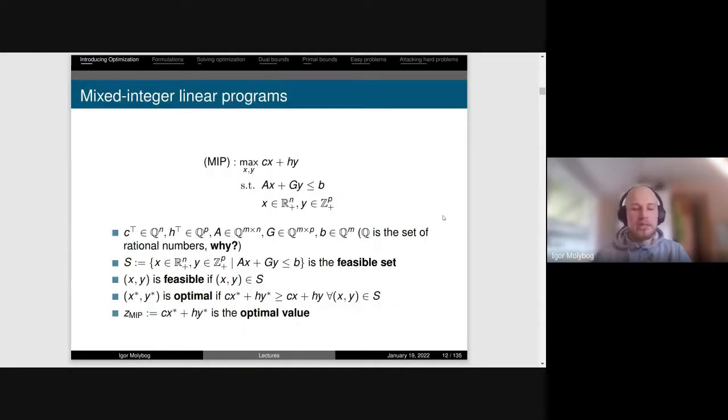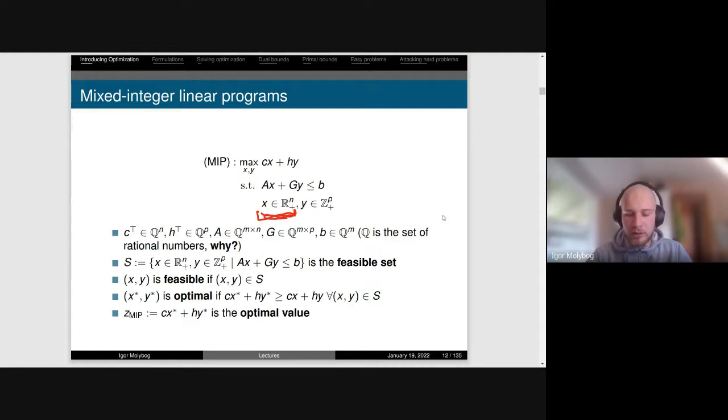Building on top of that are the mixed integer linear programming problems. Essentially, the only difference between integer and mixed integer is the mixing. Basically, we are allowing some of the variables to be continuous.